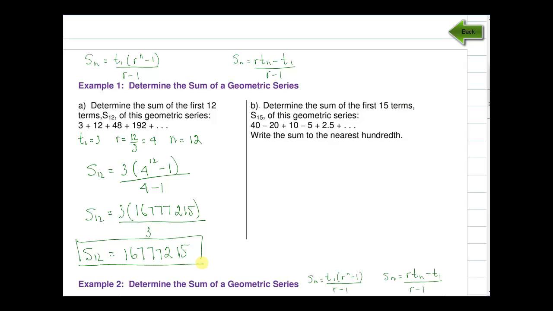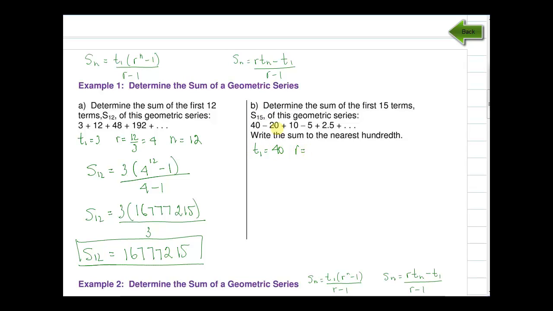Okay, on our next example, you've been asked to determine the sum of the first 15 terms of this geometric series and to write your sum to the nearest hundredth. So your series is 40 minus 20 plus 10 minus 5 plus 2.5. We want the first 15 terms, so we're looking for S15. What do we know? We know that T1 is equal to 40.